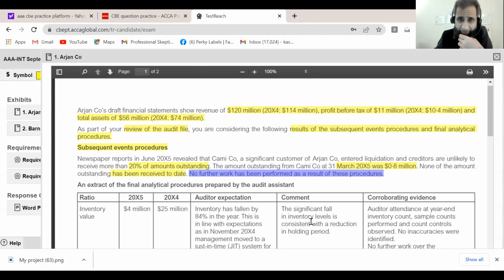It's like 6%. Is that the right answer? Can anyone confirm that? 5.8%. Okay. And what about total assets? How much is it of the total assets? 0.53% of the total assets. Okay, that's good. Thank you.